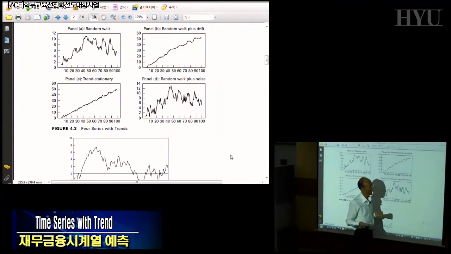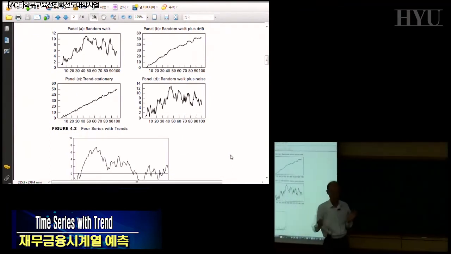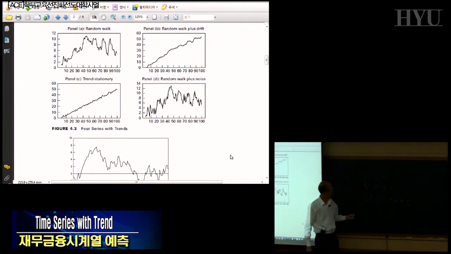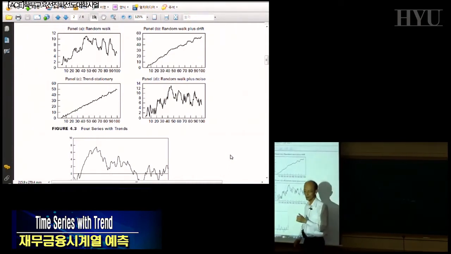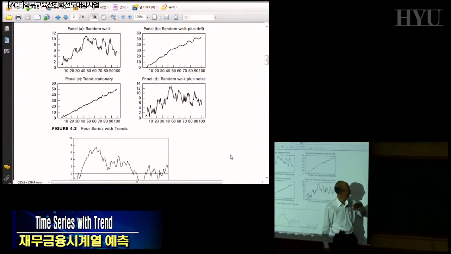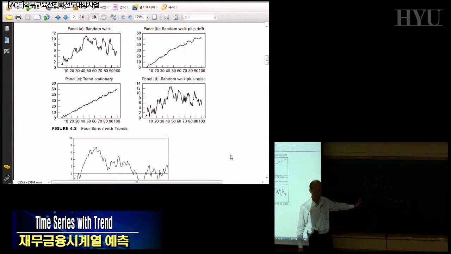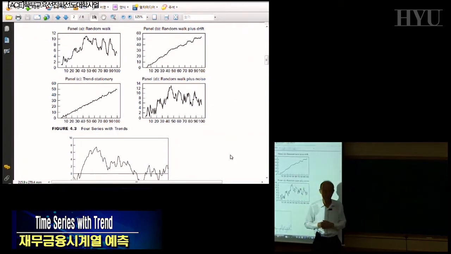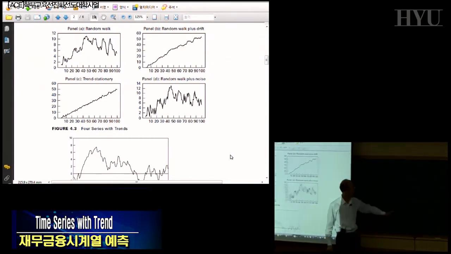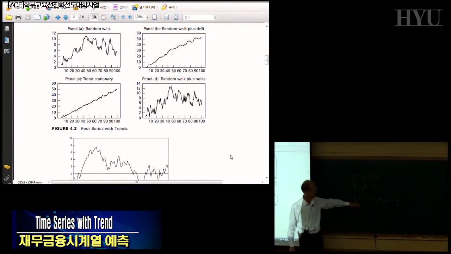But in many cases, what you see from real data is more or less on this side, not this one. Very rare. Okay? But a long time ago, before we understood this type of process, many people thought this was in fact the one generating many economic time series. That was in the 80s, 70s, 60s. But these days, we don't think this is the main model that generates observed y.